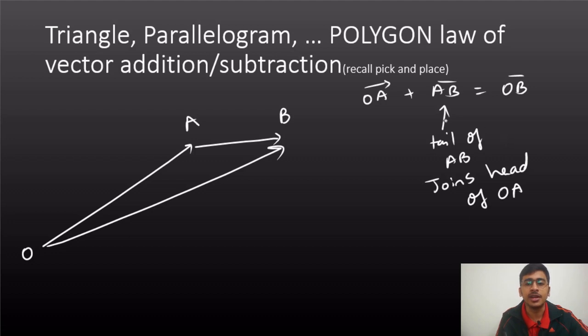Then the tail of the first vector and the head of the last vector gives us our resultant vector, which is OB. This is nothing but OA plus AB. So this is what triangle law of vector addition is.